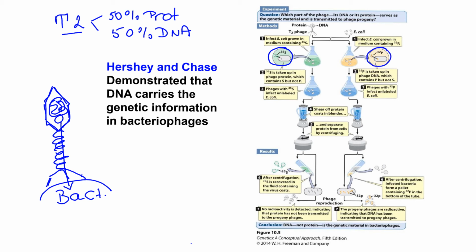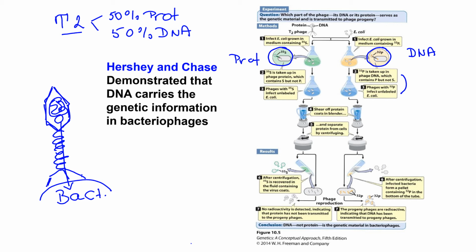So once they prepared these labeled phages, they infected bacteria, they let a certain time go for infection to proceed, and afterwards they put the culture into a blender to shear off coats from the bacteria.